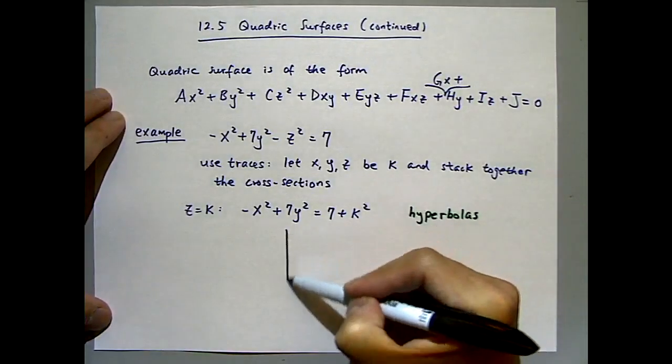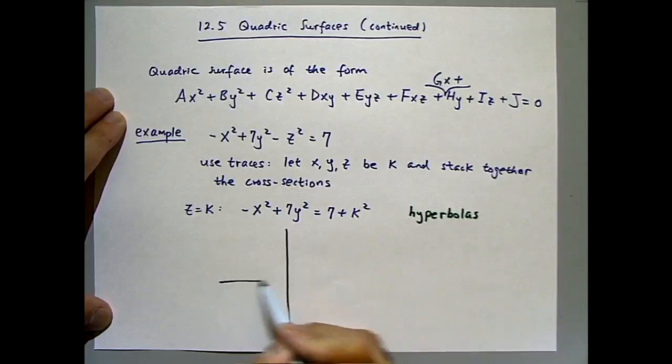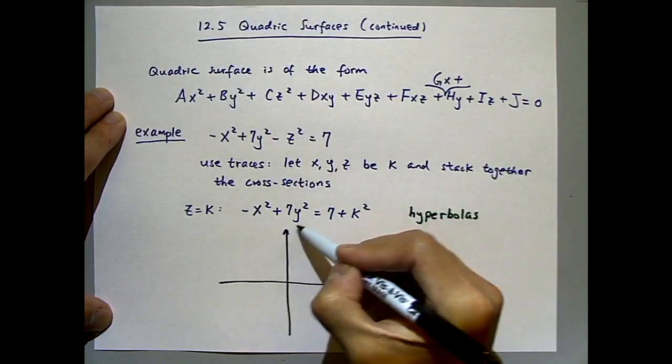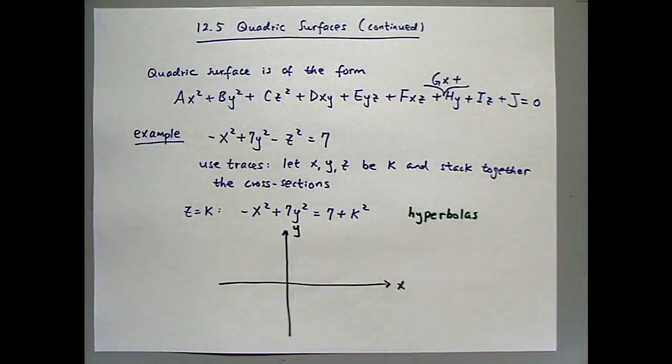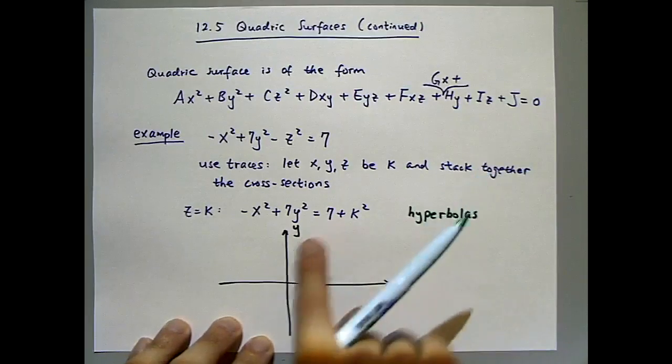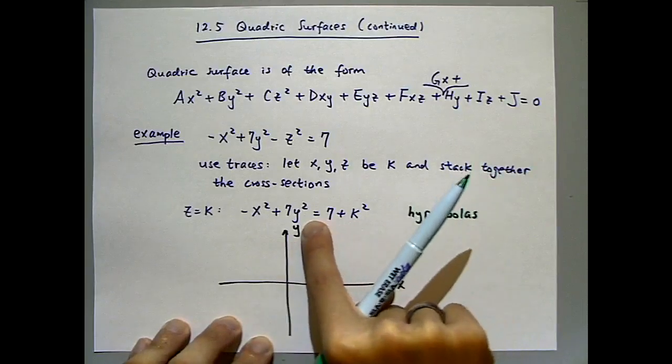All right, so in the x and y plane, for some chosen value of k, notice what happens if y is equal to 0.